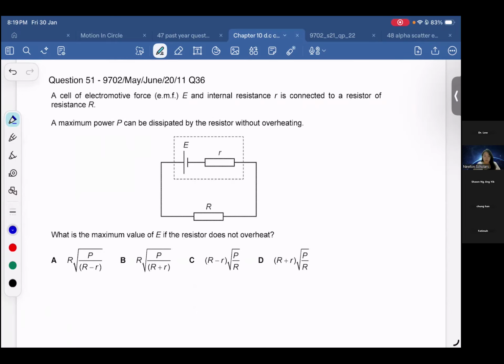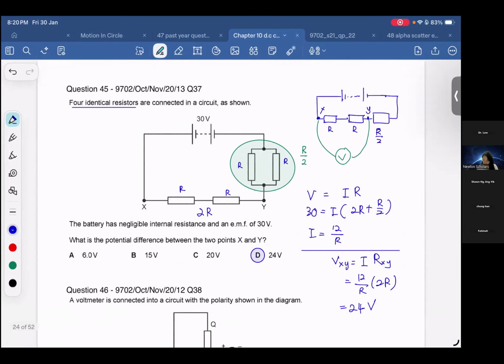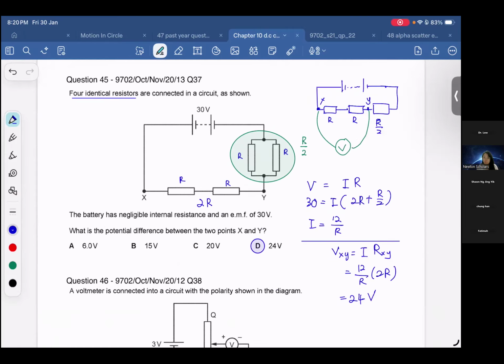Two working steps, you can find the answer. Wesley needs me to repeat. Sorry, Wesley. Is it this question, Wesley?